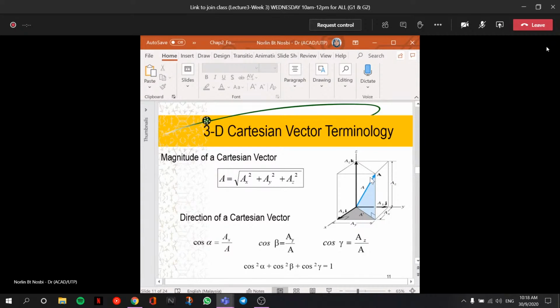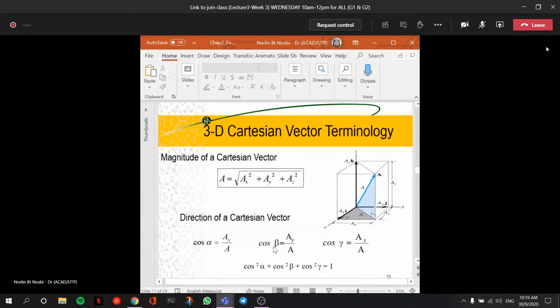You have to use this bottom formula, which is where you want to find the direction of the Cartesian vector, the angle. There's alpha, beta, and gamma. There are three directions.